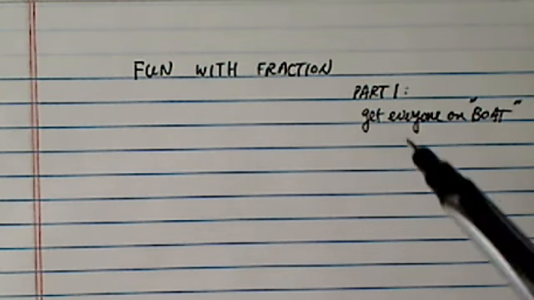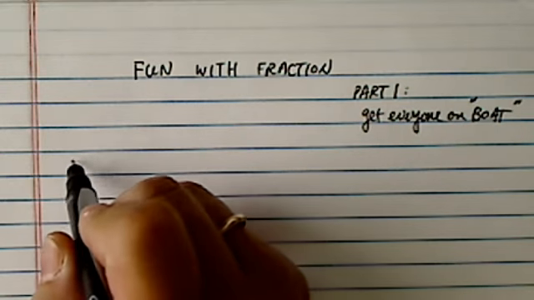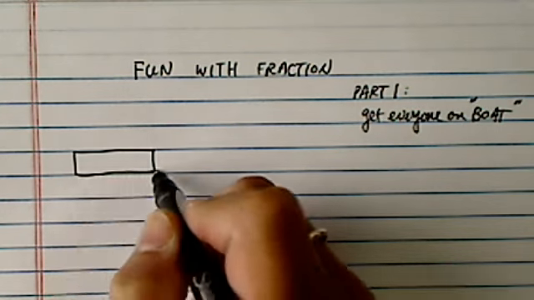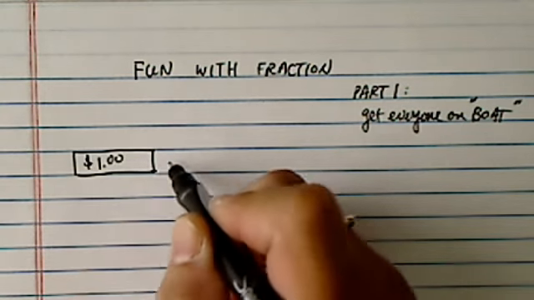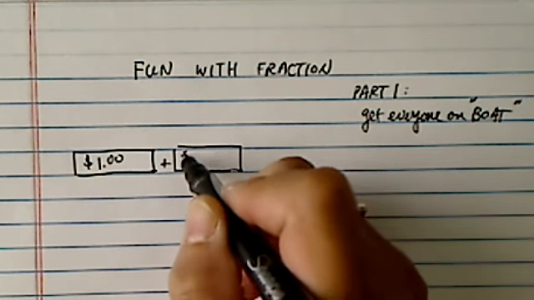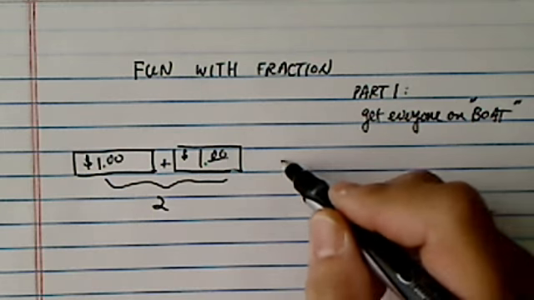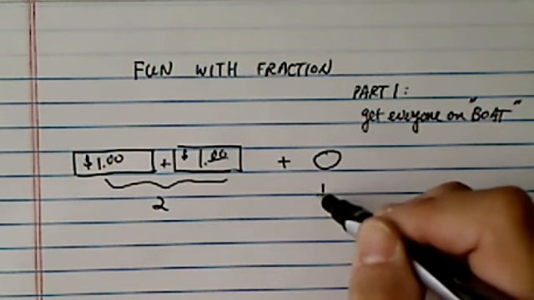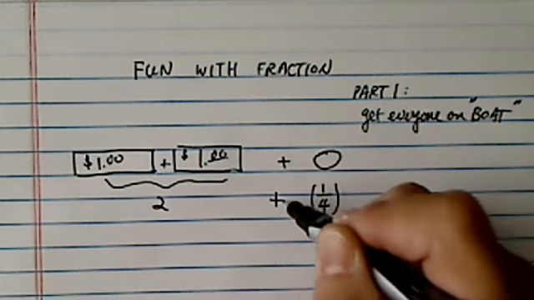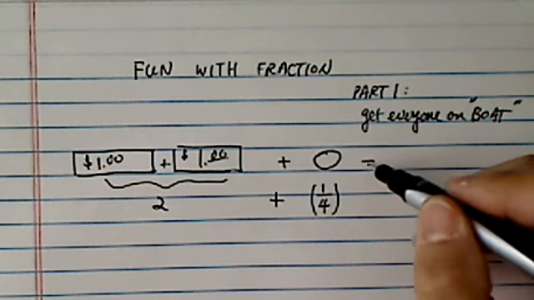How to get everyone on the same boat. What do I mean by that? Let's see. I give you a dollar here and give you another dollar. So everyone knows now you have $2. And then I give you a quarter. Mathematically, we write it as 1/4. Now, how on earth do I write this together?